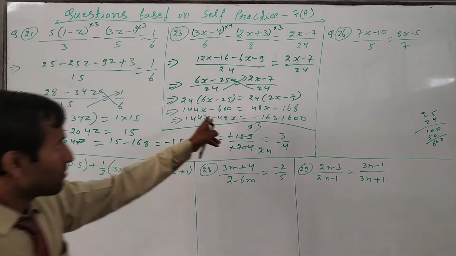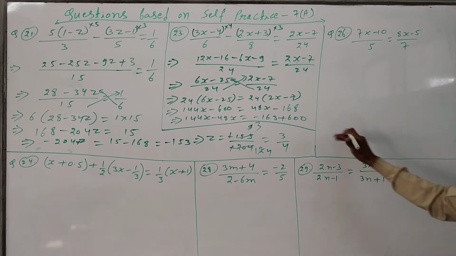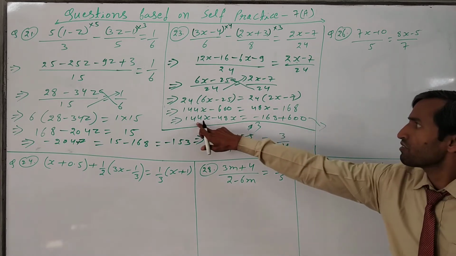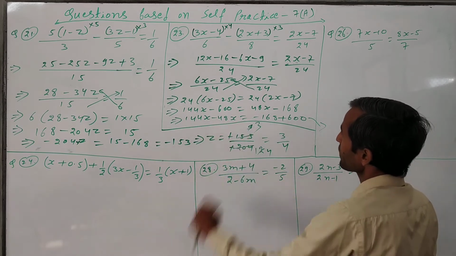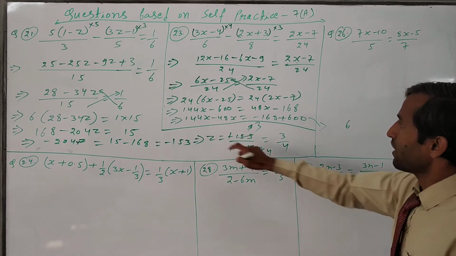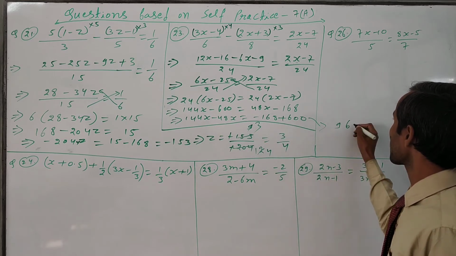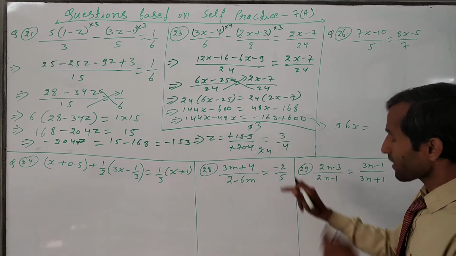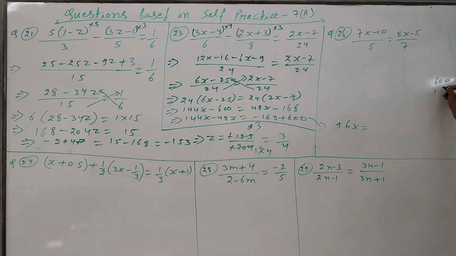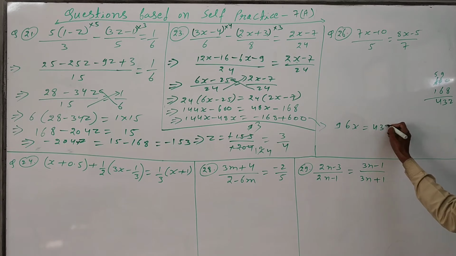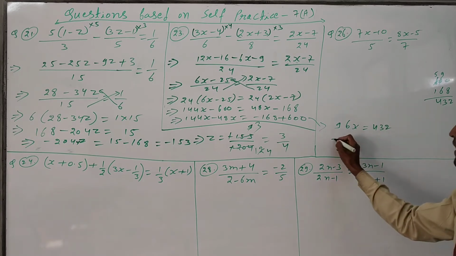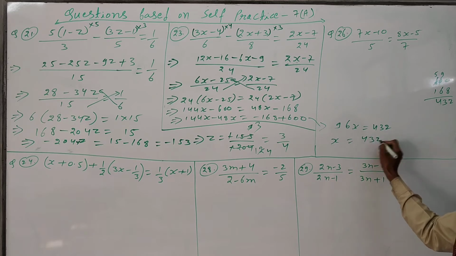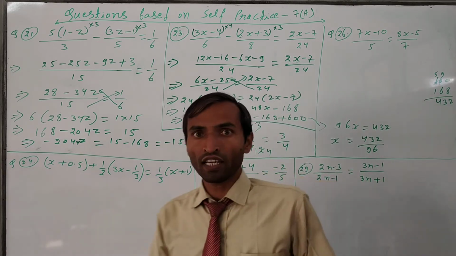Now we subtract both. 144 minus 48 is 96x, equal to 600 minus 168, which is 432. Now this 96 will divide here, so 432 upon 96. Now by which table can we cancel this?